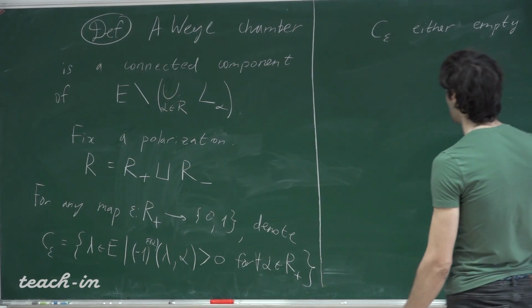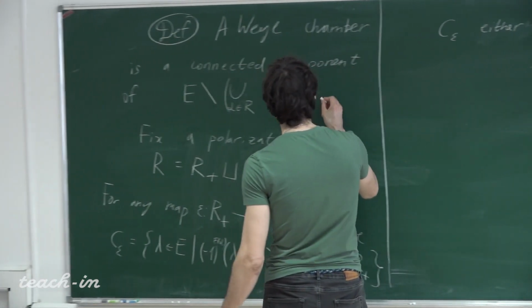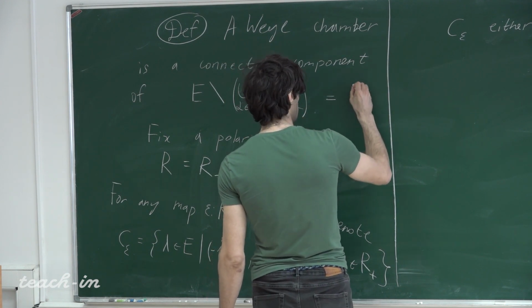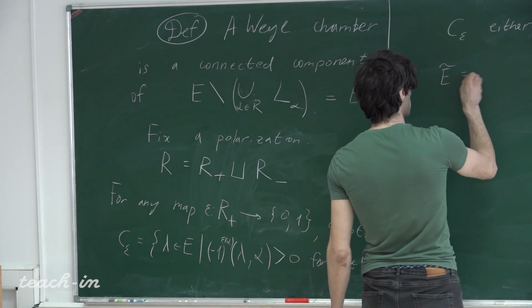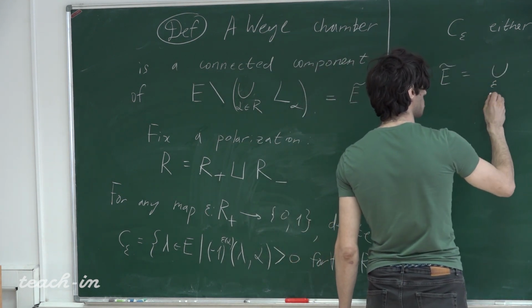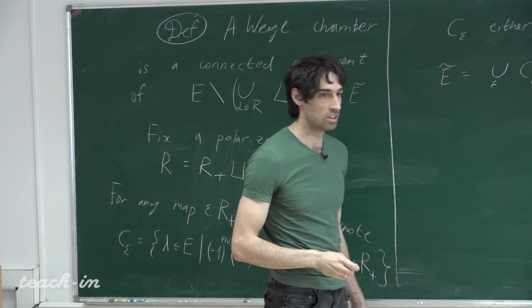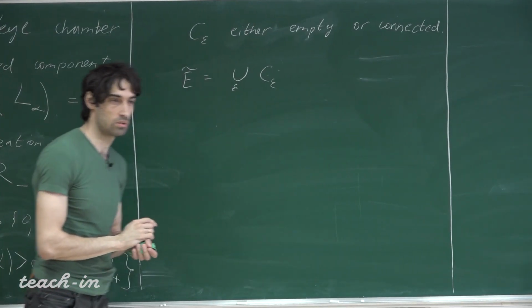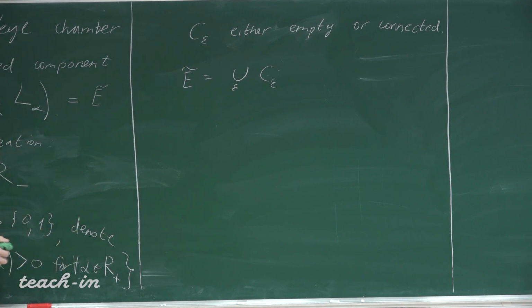And moreover, this set, maybe we can call it E tilde, is the union over all epsilons of C epsilons. And moreover, it's actually a disjoint union.